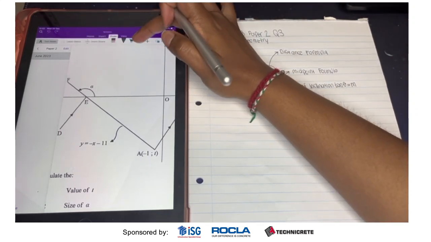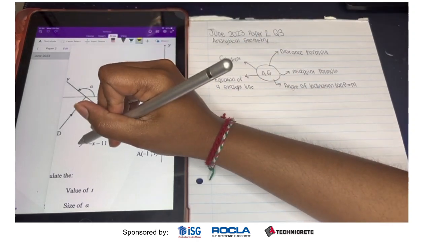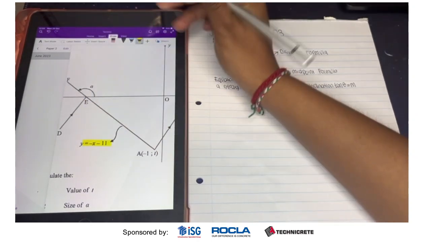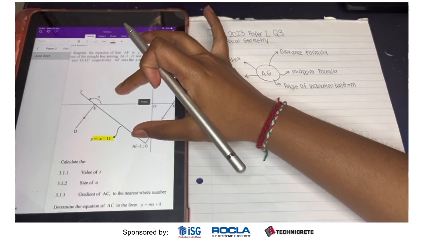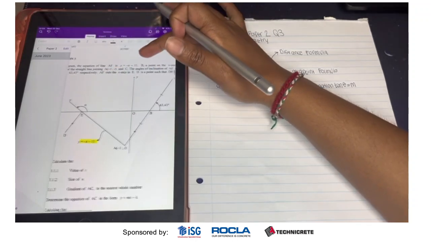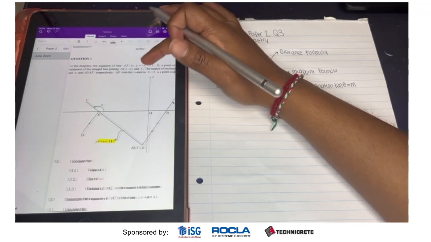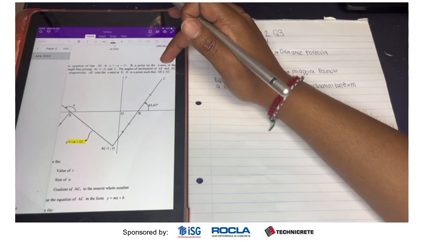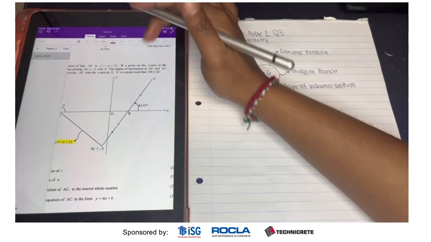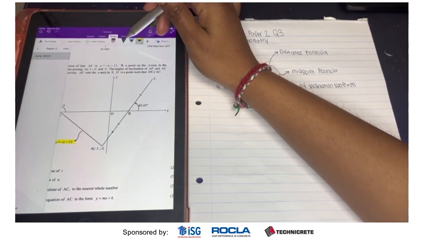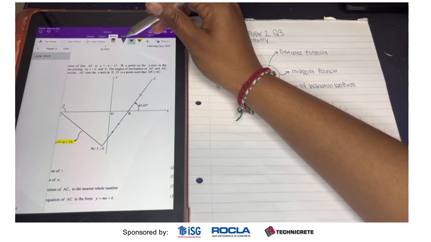Let's just highlight the key important things that we get given. It thereafter says B, a point on the y-axis, is the midpoint of the straight line joining A and C. So B is our midpoint.